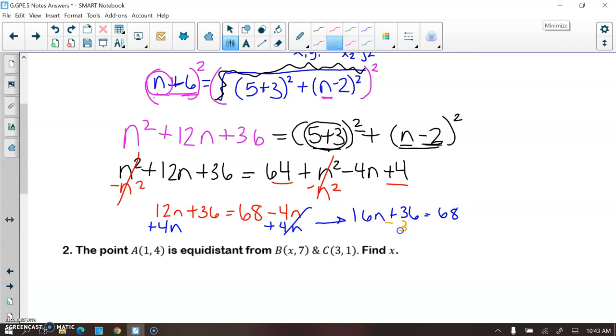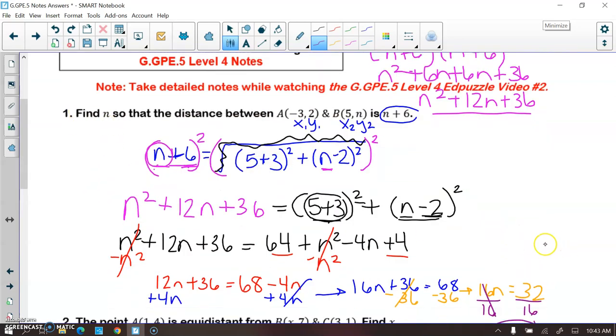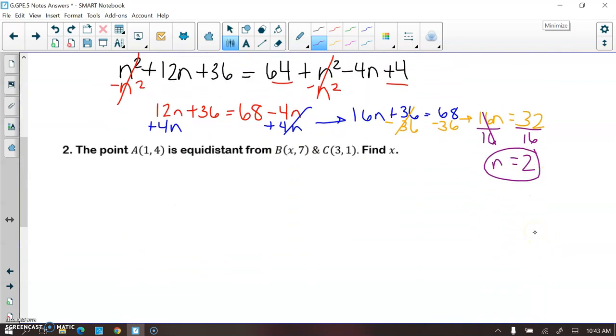I'm now going to subtract 36 from both sides. So I wind up with a 16n is equal to a 32, and then I divide by 16 on both sides. So n comes out to be a value of 2, and that's what they wanted you to find. They wanted you to find n. So that's how we would do that problem.